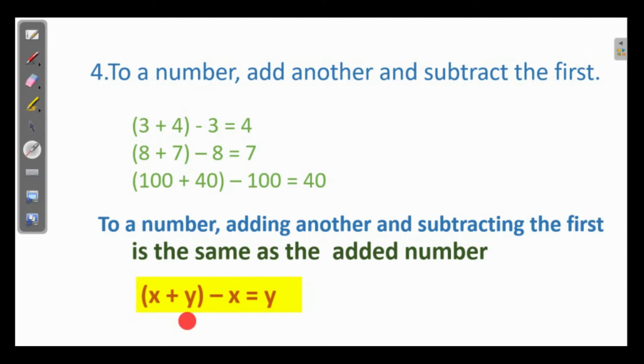And doing it with several numbers, 3 plus 4, 7. 7 minus the first number, 7 minus 3 is 4. 4 means the second number, or the added number. 8 plus 7, subtract the first number 8: the added number 7 only. 100 plus 40, 140 minus 100, the first number, is equal to the added number 40. So, to a number adding another and subtracting the first is the same as the added number.